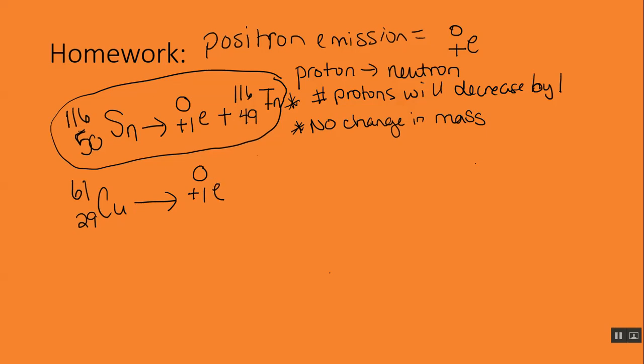Every single first blank in that section, all 4 of those problems, will be a positron that's emitted. What does that mean for the second blank? Remember, no change in mass, so still a mass of 61. Remember, 1 less proton. So instead of 29, we now have 28. Look and find element 28 on the periodic table, and we see that it is nickel, and we're done. That's positron emission of copper 61.